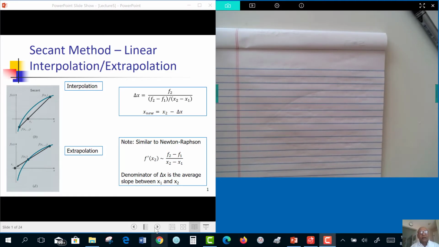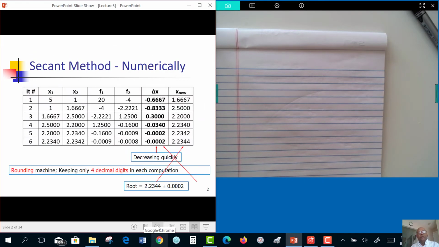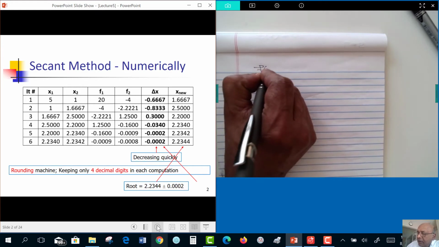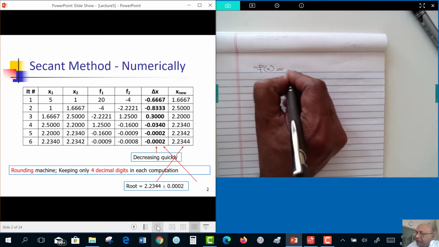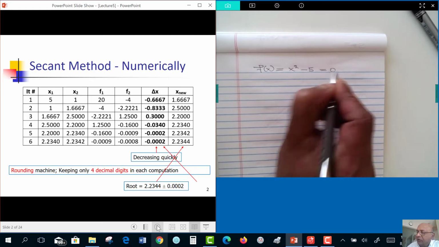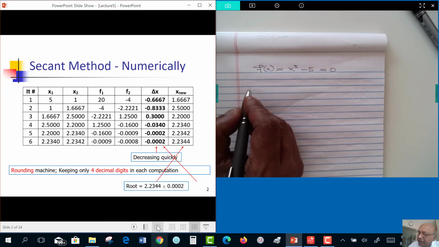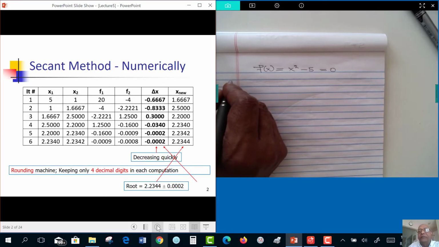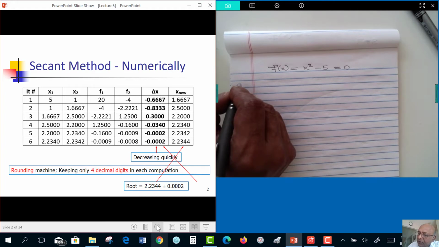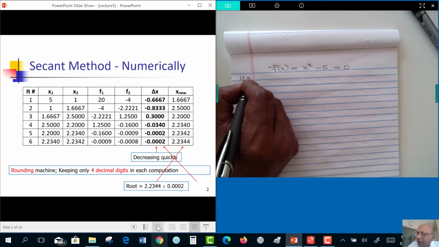For our example problem. So remember our example problem was f(x) is equal to x squared minus 5 is equal to 0. We're trying to find square root of 5. So let's make a table. So we have iteration number.